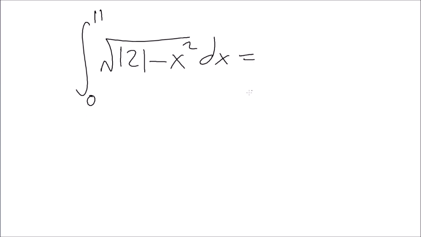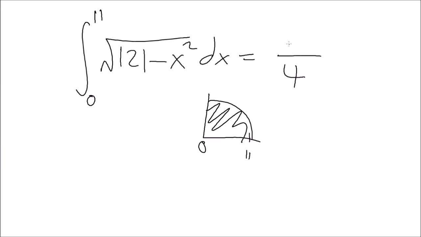Because it's 0 to 11, we have 1/4 of a circle. So this is pi times 11 squared, or 121 pi, divided by 4. I should probably, that's going to annoy the hell out of people. 121 pi over 4. There you go. That would be your answer.